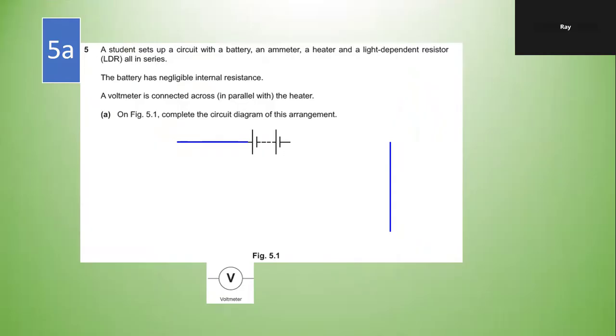On figure 5.1, complete the circuit diagram of this arrangement. I give you a chance to look at it first, to work it out first before I give you the answer.